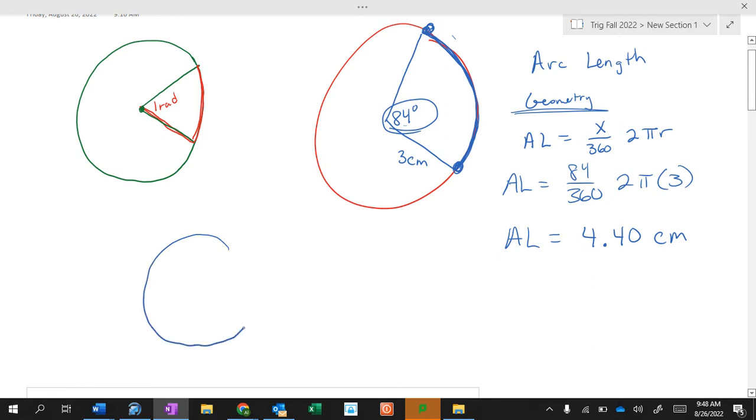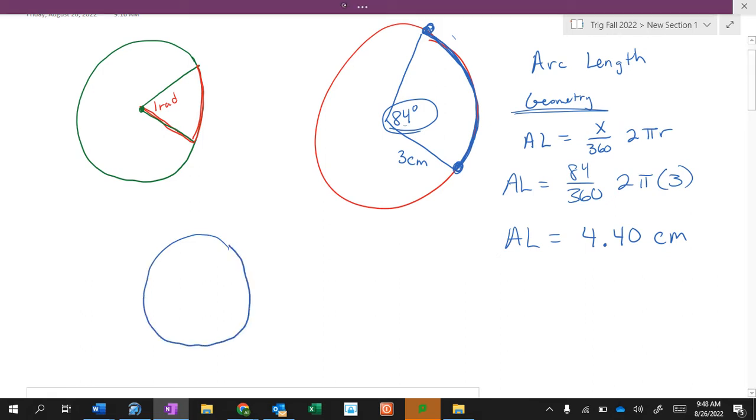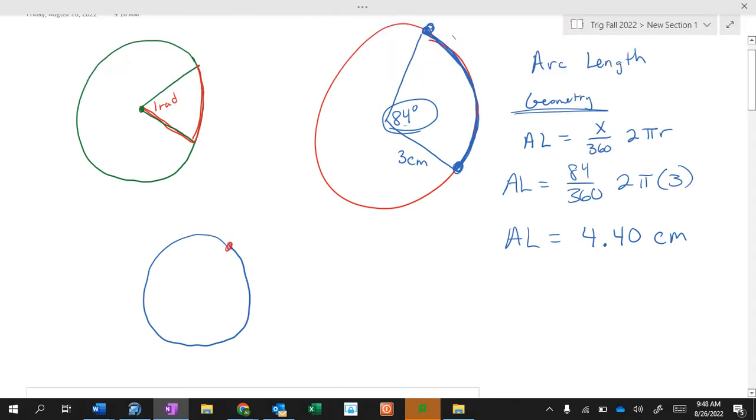In trig, the formula is even easier for arc length. If we want to find the distance from here to about here, and our central angle is pi over 2, and our radius is 8, arc length in trig is equal to the central angle, which we call alpha, times the radius.